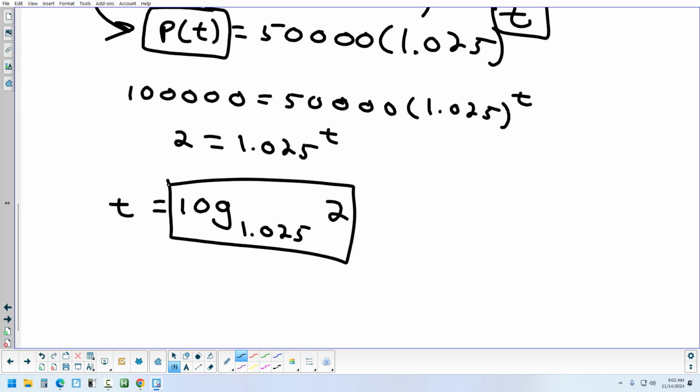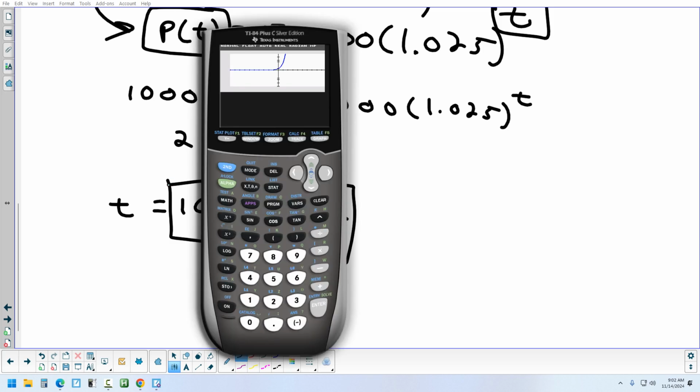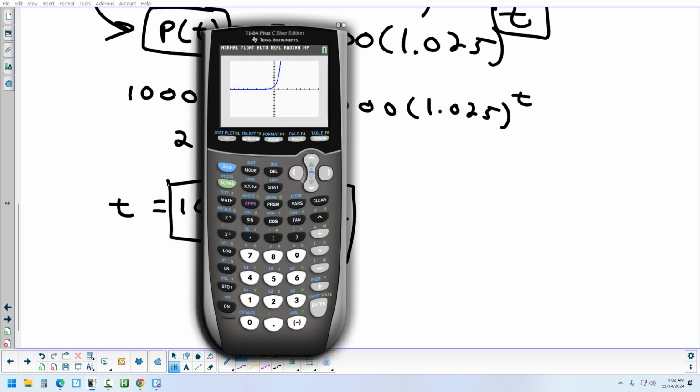Got T by itself. But what's the problem with that as of right now? Like, let's say I want the number. What don't we know yet? Yeah, how to plug it into a calculator? Yeah, we don't know how to plug in something that's base 1.025. We know how to plug in two different bases.